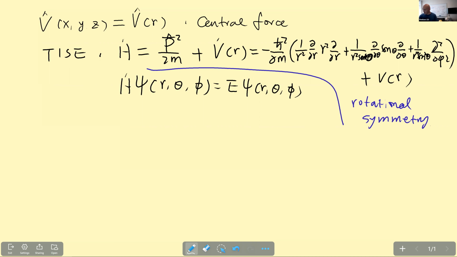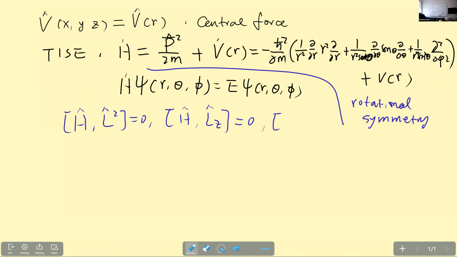Okay, because of this rotational symmetry, we have the Hamiltonian and the total angular momentum squared commute, and then the Hamiltonian and all of the components of the angular momentum commute, and of course we also have L squared and L_z commute, right?